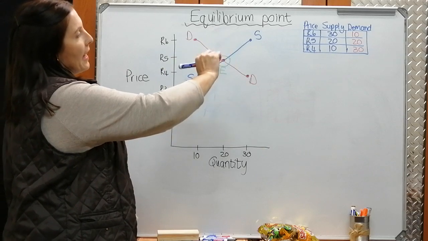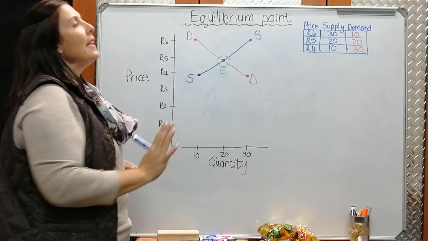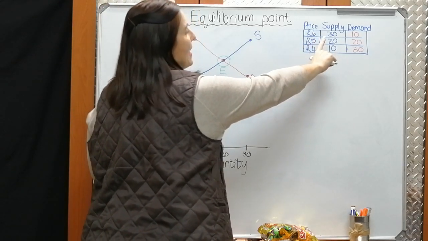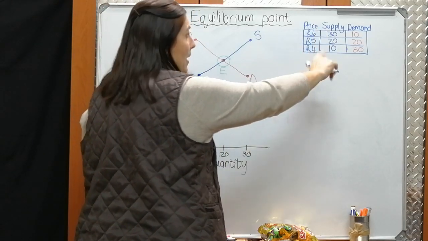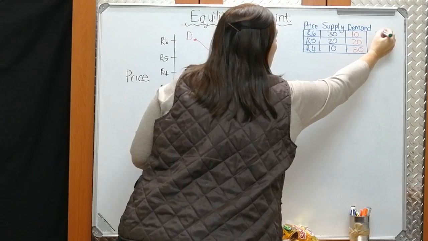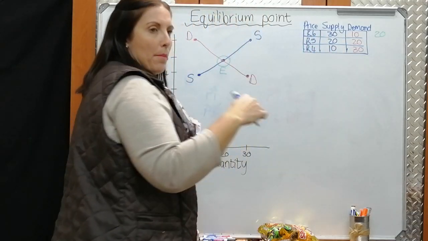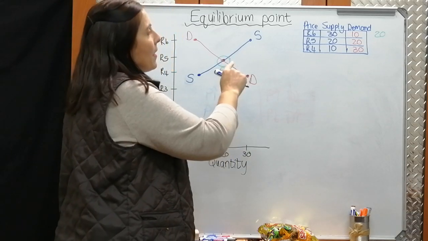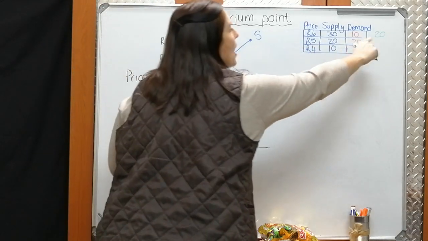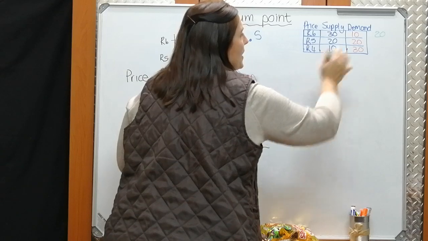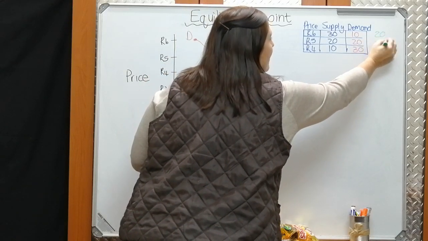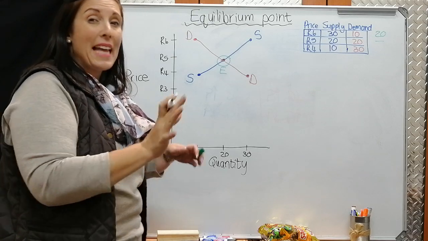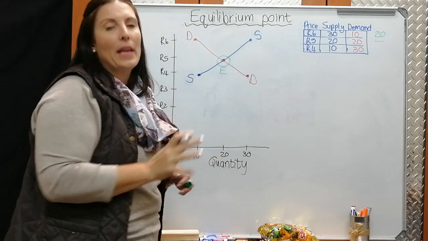If you look at the schedule that was given, you can clearly see that at 6 Rand there was a surplus of 20 products. 30 was supplied, but only 10 was demanded. At 5 Rand, can you see that there's no surplus or deficit? It's exactly the same, and that's why 20 packets of chips at 5 Rand is our equilibrium point.